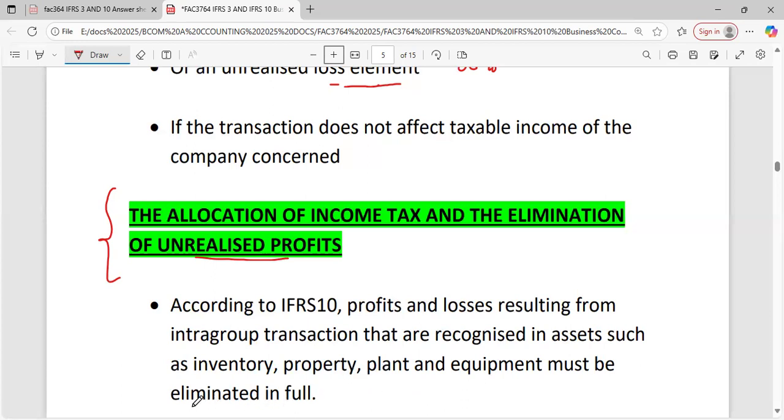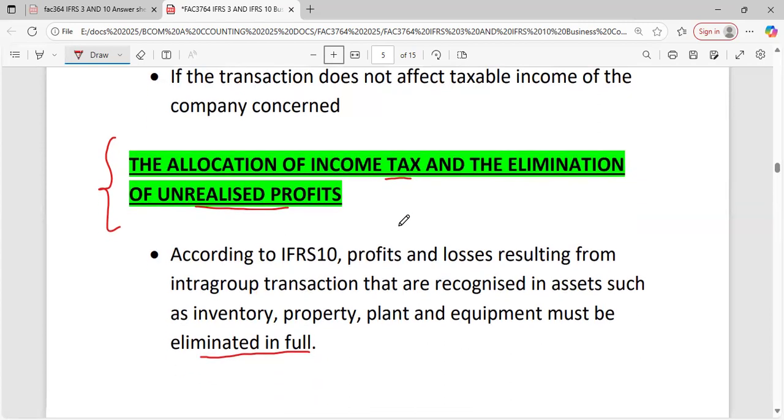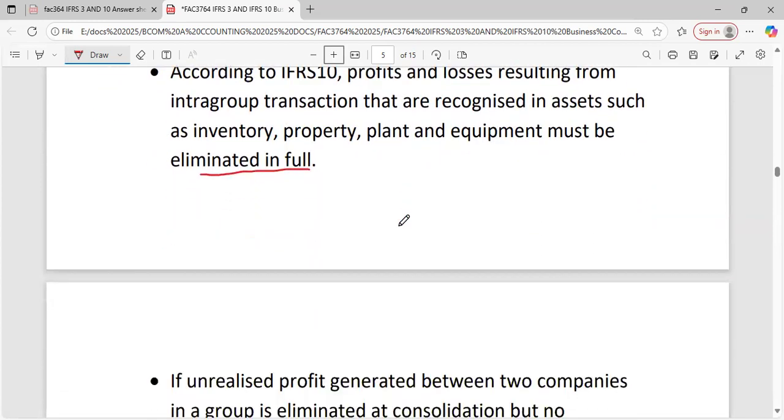When we eliminate them in full, we should also take into account the tax implication. What I want you guys to understand when you do your elimination, let me try to put it this way.